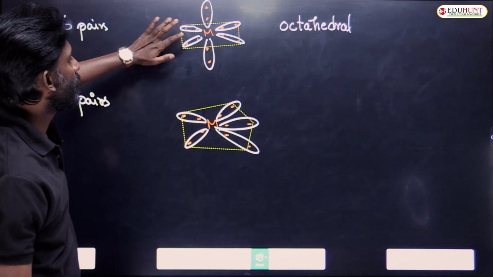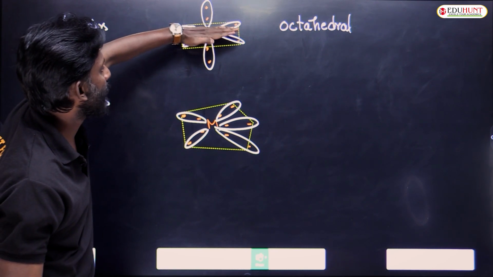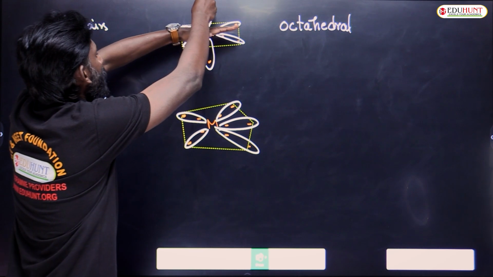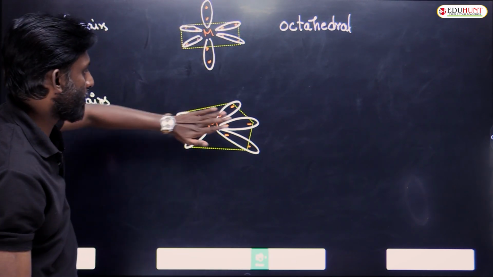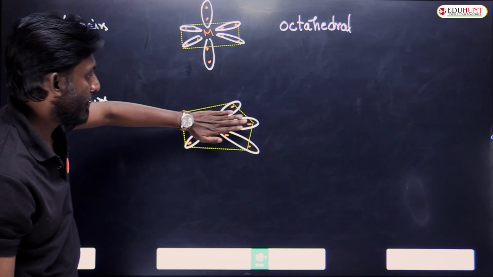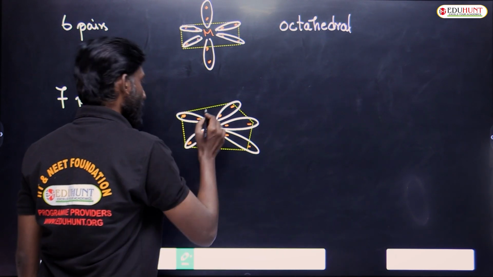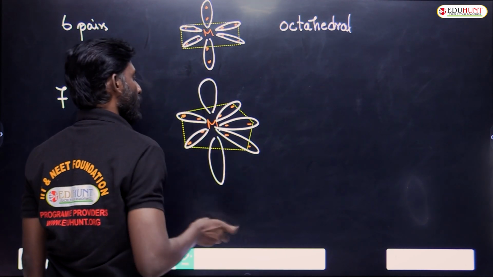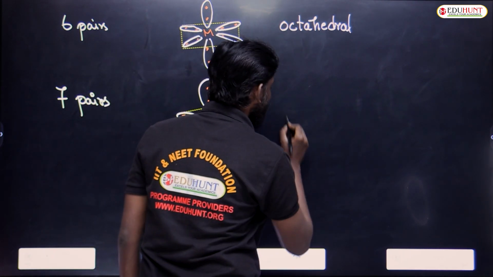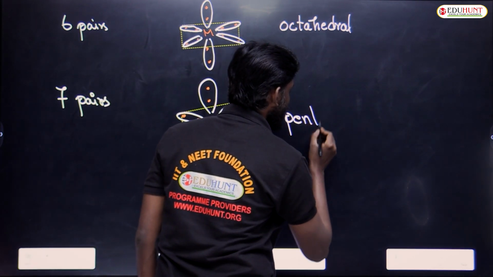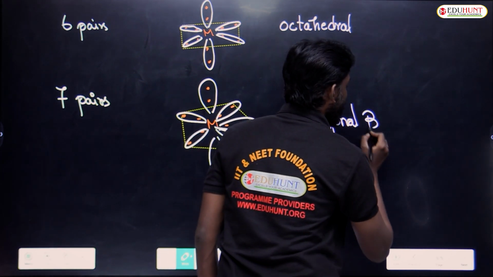See this square plane, it is looking like this on the board to you, but actually it is like this. Now 1 pair above, 1 pair below. Similarly, this pentagonal portion also looks like this on the board, but actually it is like this. Now make 1 pair above, 1 pair below. So it will be pentagonal bipyramidal.